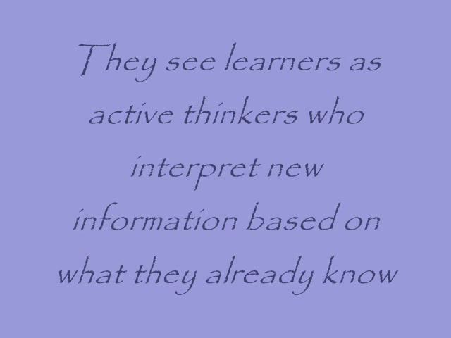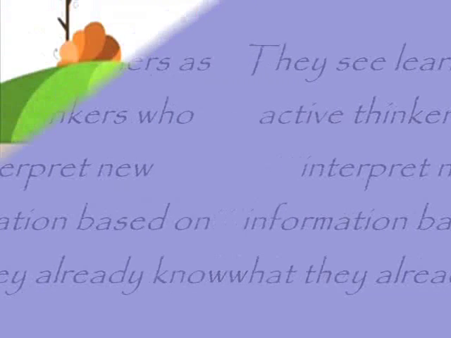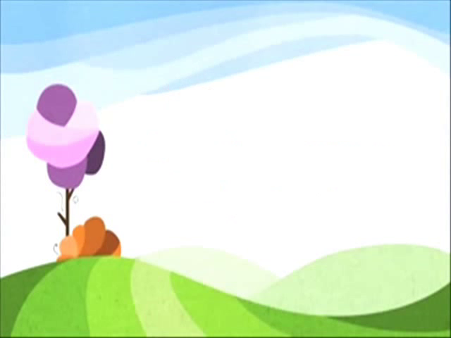As discussed earlier, constructivists do not view learners as just empty vessels waiting to be filled up. They see learners as active thinkers who interpret new information based on what they already know. They construct knowledge in a way that makes sense to them.